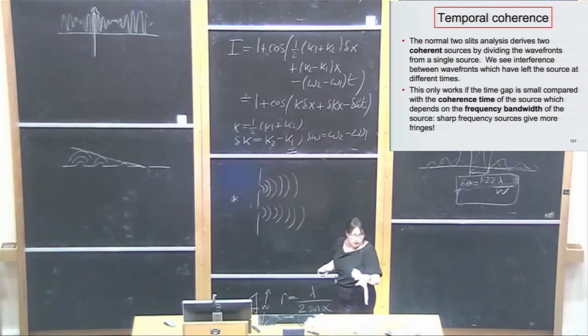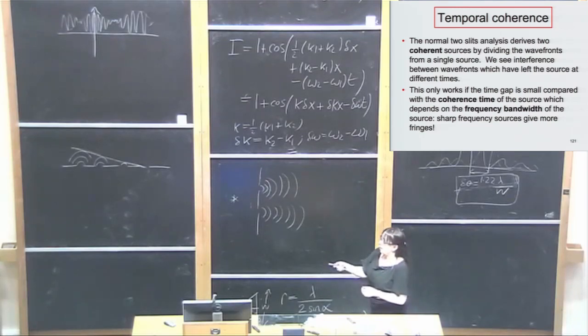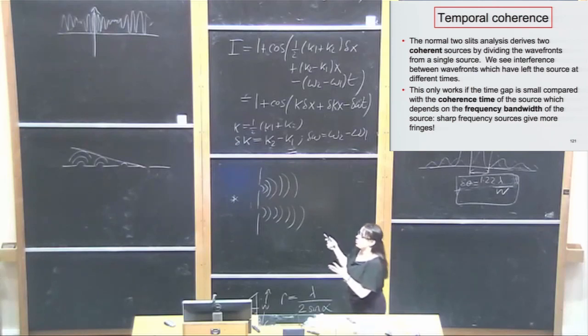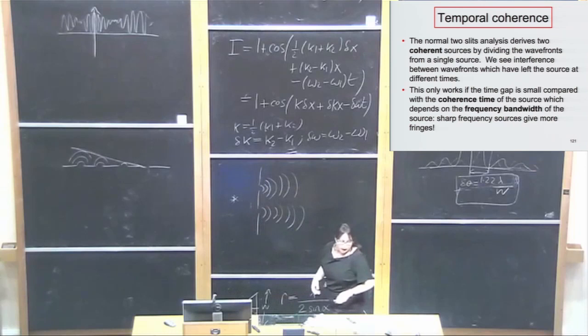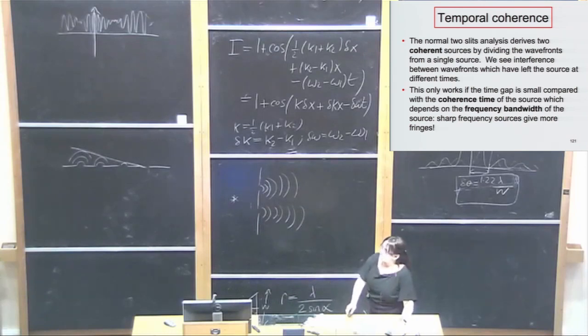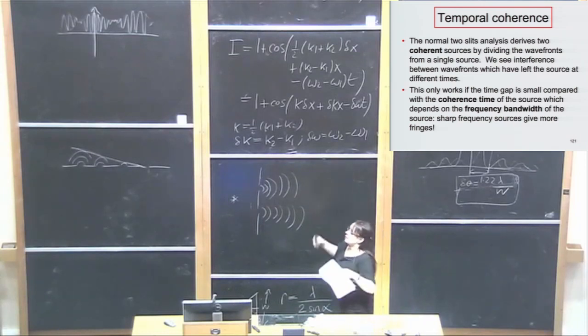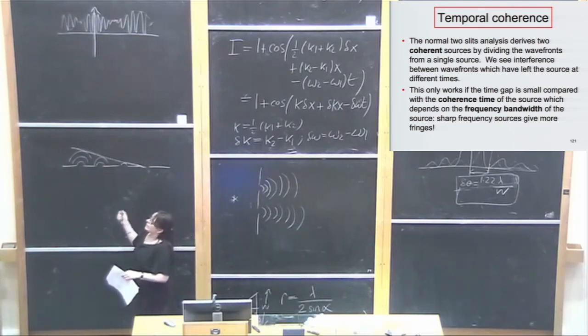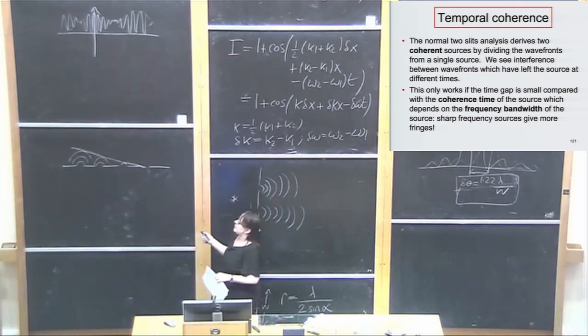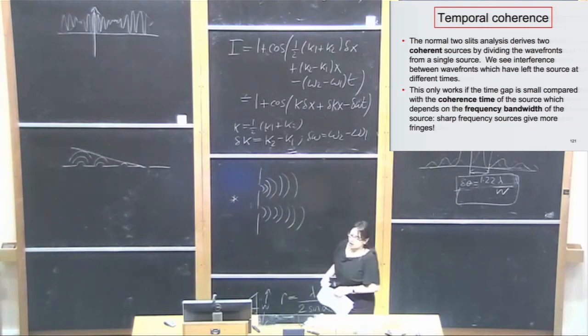So a laser, for example, is pretty monochromatic, and it has a long temporal coherence, which is why I've been using lasers to produce these fringe patterns, because they're a very good way of doing it. But even this is not perfectly monochromatic, it's not perfectly temporally coherent. So this is the idea of temporal coherence: good temporal coherence is needed to actually observe the fringe pattern.